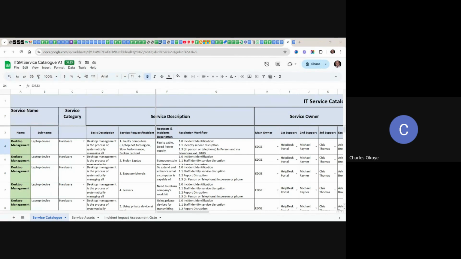When we were running through the different services, I saw that everything is centered on incident management. Basically, using the IT framework, we are looking at incidents that are coming from each service.